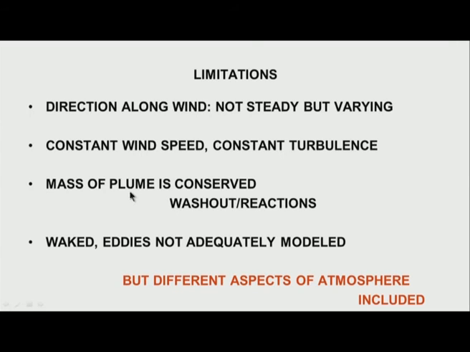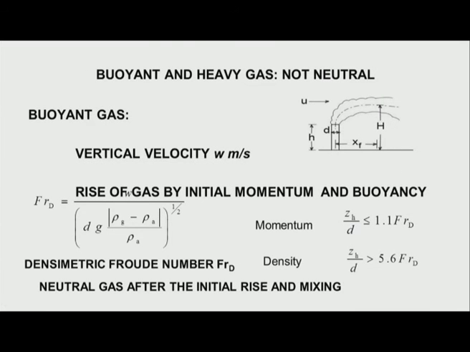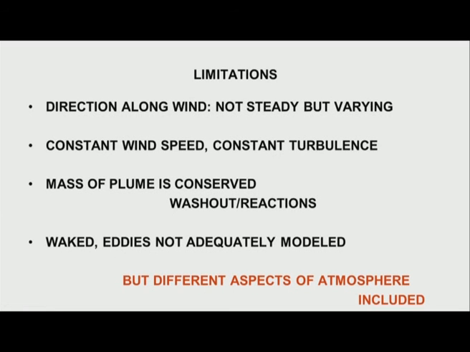We also presume that as the plume is moving out, let's go back and look at this particular issue. As the plume from a steady release is moving out, we said, well, the mass of plume at this particular section is same as mass of plume at this section. That means the mass flow rate of the plume remains constant, which need not be the case, because of rains, there is some washout of some substances, because of chemical reactions it gets consumed, these are not accounted for.